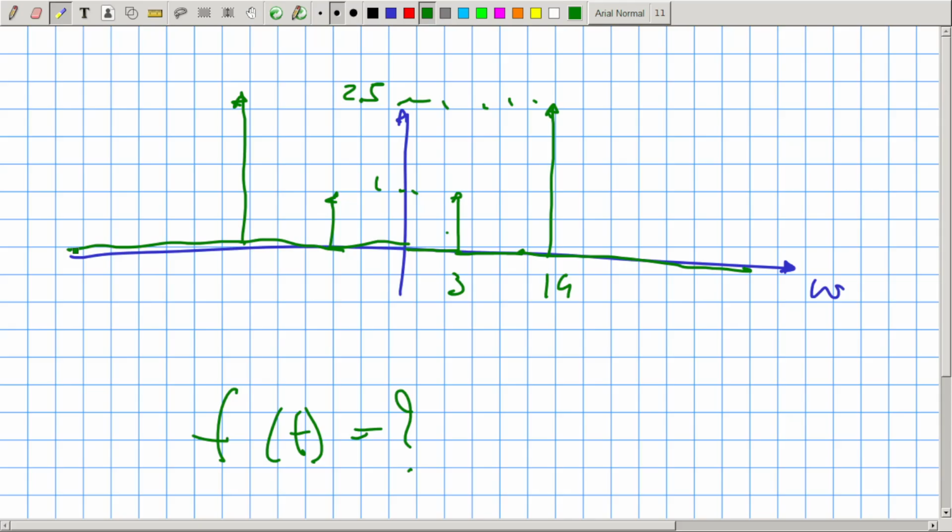Those are the spectral lines. True? Two, 2.5.